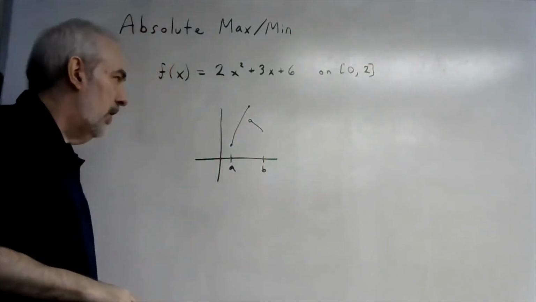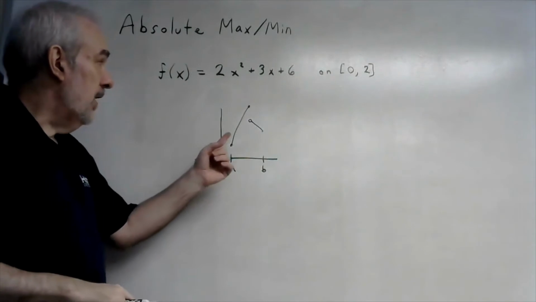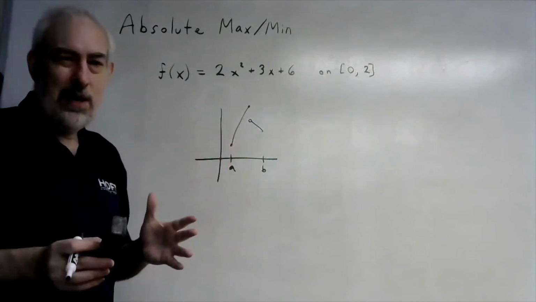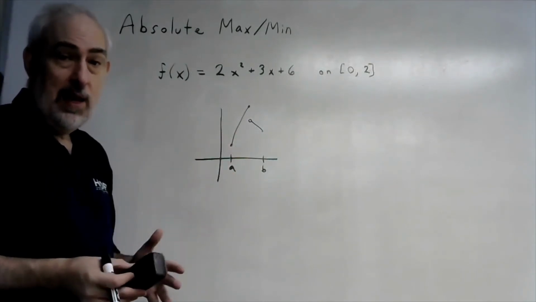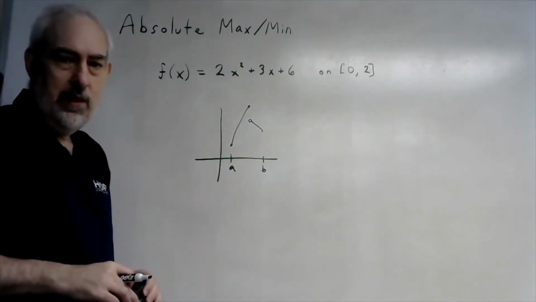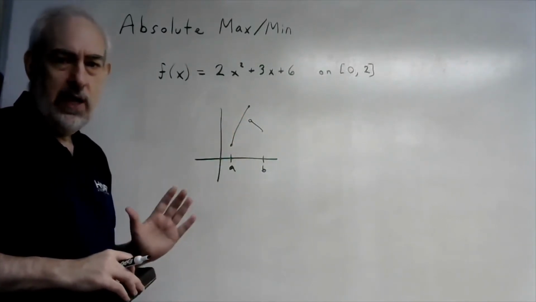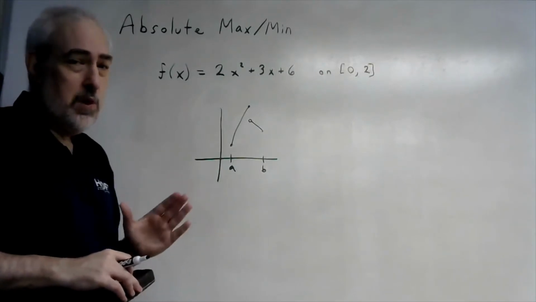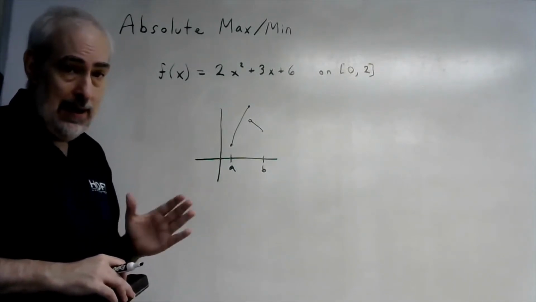So here is an example where the theorem I was telling you about doesn't apply, but still there's an absolute maximum there. But normally, with functions that are not continuous, it won't always guarantee an absolute max or min.